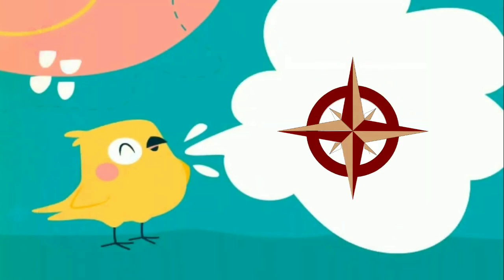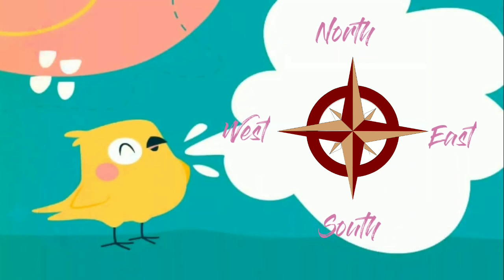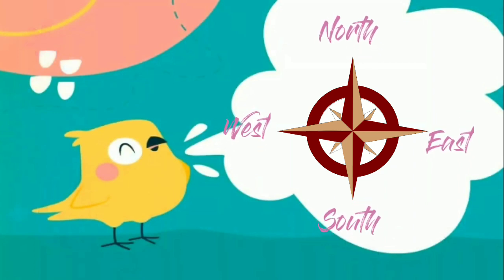When you see a map, you always look for the symbol of direction. Do you know the directions? Yes. The first is north, and then south, west, and the right is east.